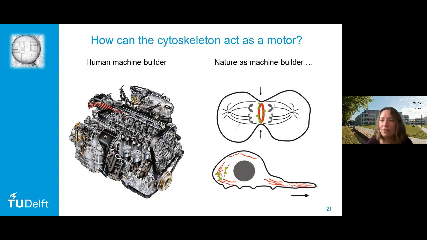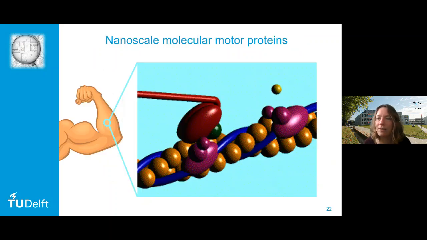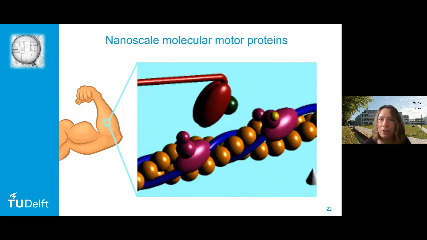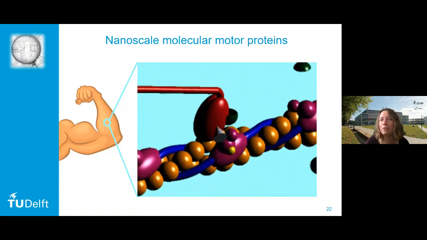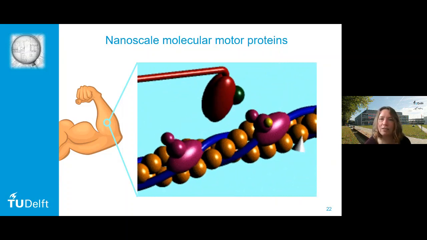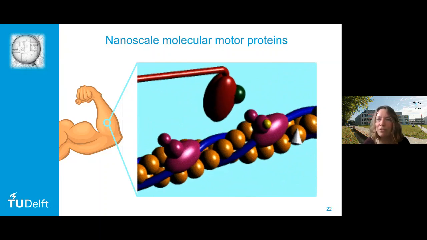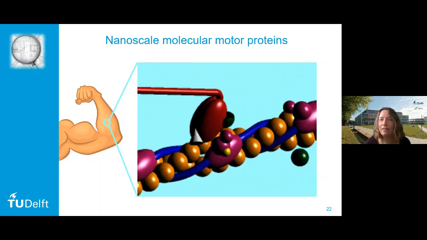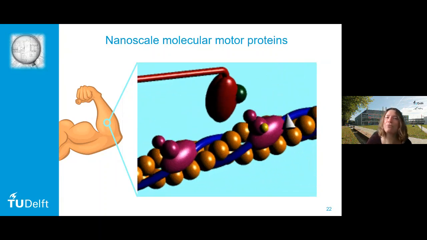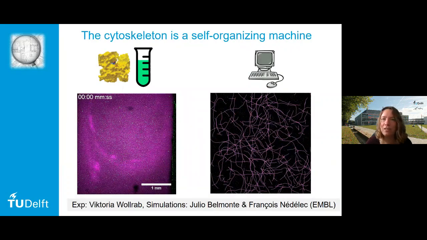So this actually means that cells are able to reconfigure their motor. And this is because they use nanoscale components. So maybe you have heard of motor proteins, which are little proteins in cells that are able to use chemical fuel in order to move around in the cell. And using cytoskeletal filaments together with motors, the cell is actually able to self-assemble into different structures.